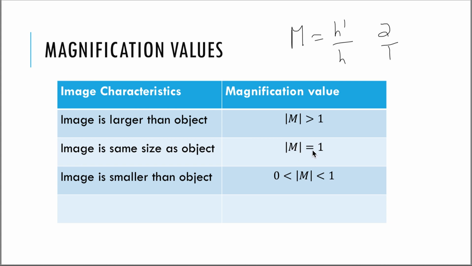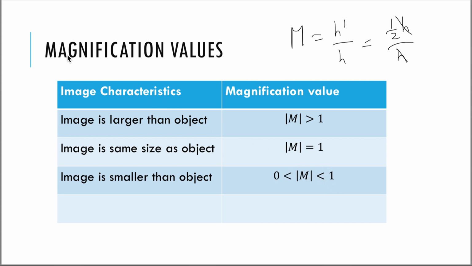If the magnification is equal to 1, that means the image height and the object height are the same, so the image is the same size as the object. If the image is smaller than the object, let's say the image is one half of the object height, then the magnification will be 1/2. It's going to be a number between 0 and 1.